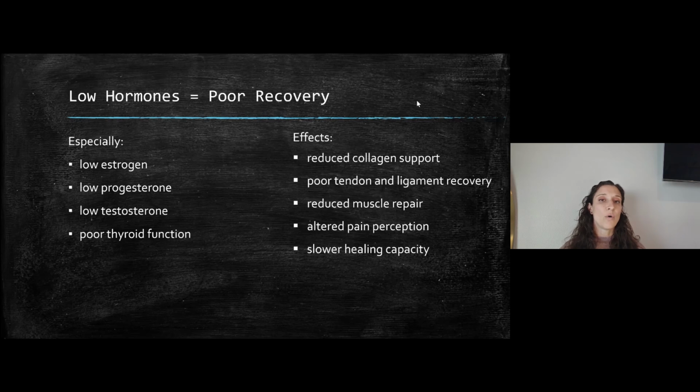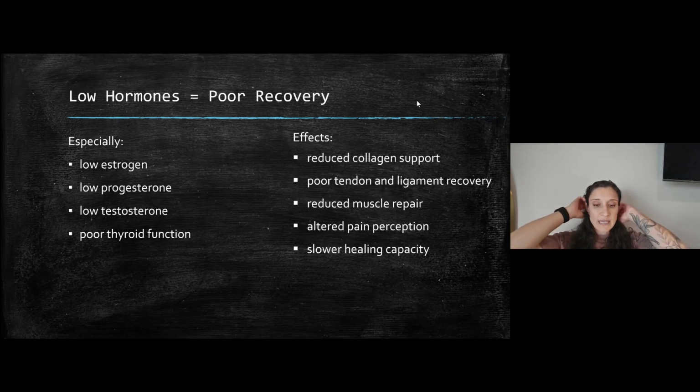Whenever you have low hormones, it's going to reduce your body's ability to heal. It's going to reduce your body's ability to create the muscle that you need to support your spine. And it's also going to alter your pain perception and create more tendon and ligament damage because of that reduced collagen. This is all one big piece that goes together.